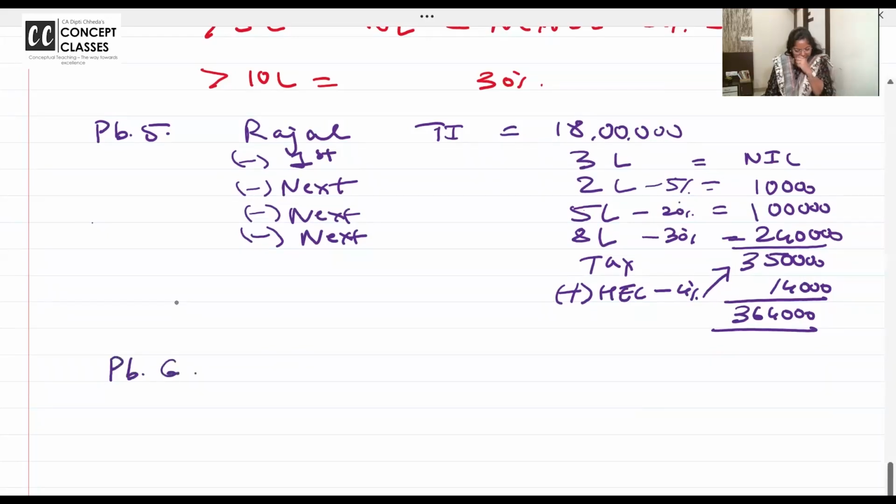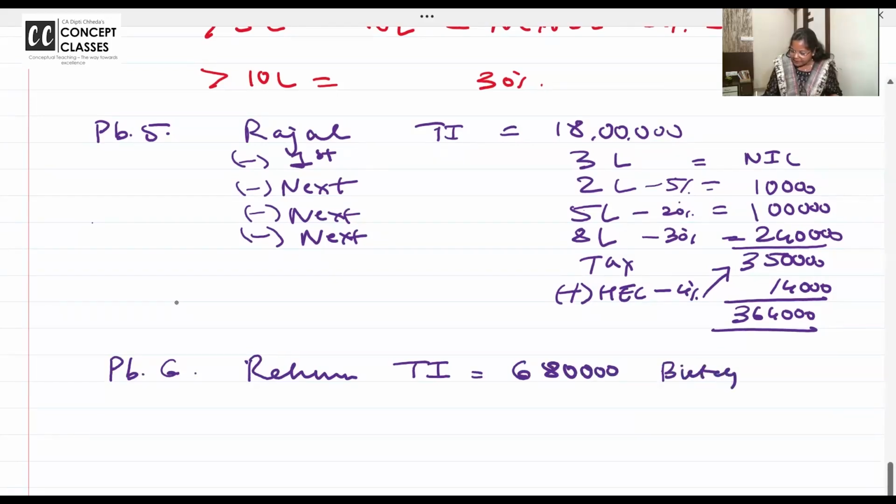राजल के बाद next question is Rahman. The total income is 6,80,000 and his birth year is 1950.